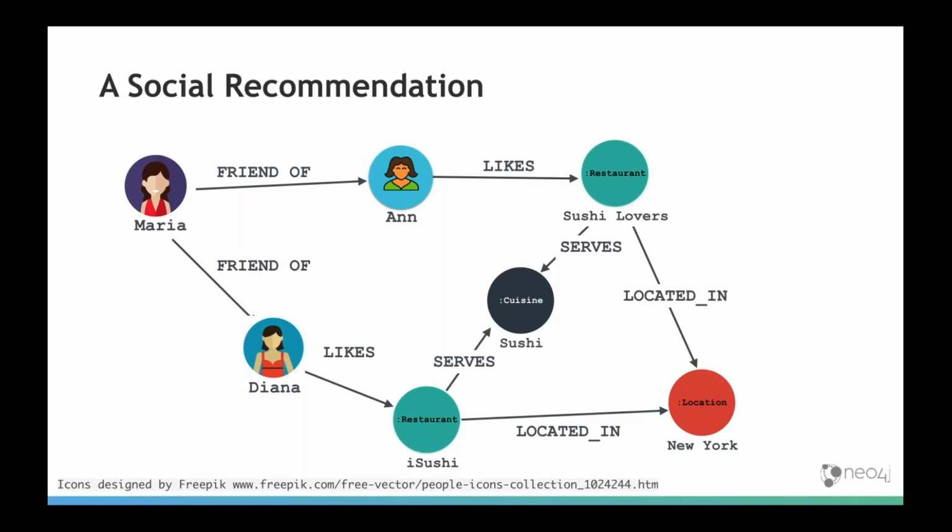This is a different example where I want to use my social graph for recommendations. My friends Anne and Diana are also active on Yelp, and when I travel to New York, I want to find restaurants that I like. The assumption is that I will probably like what my friends like.